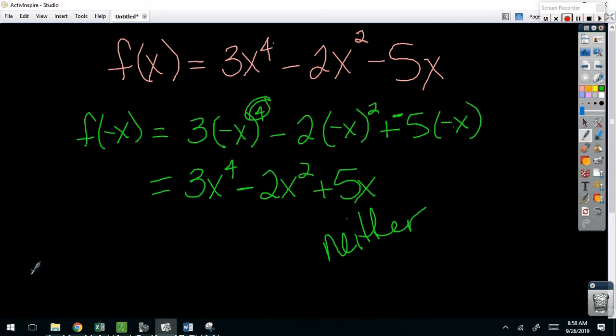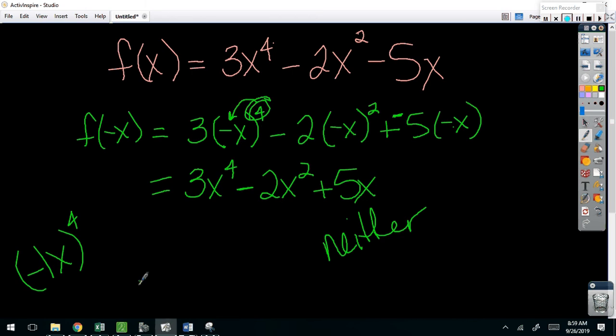Because negative x to the 4th is the same thing as negative 1 to the 4th times x to the 4th. I have a question. Why did you do positive 3x, not negative 3x? You change everything on negative x. Because the 4 made that positive.